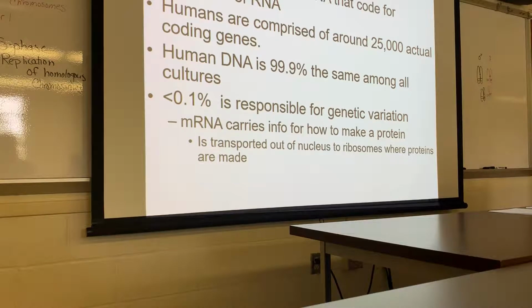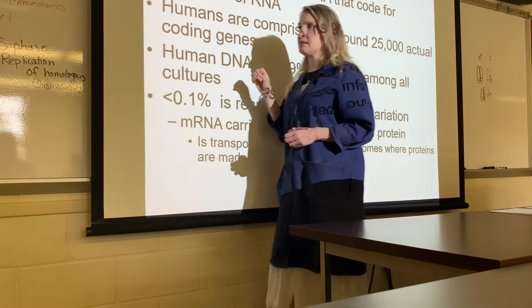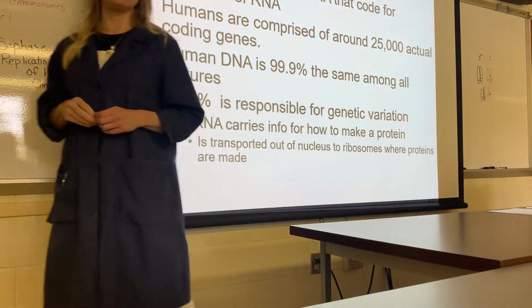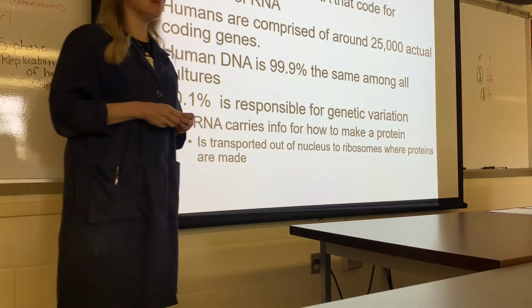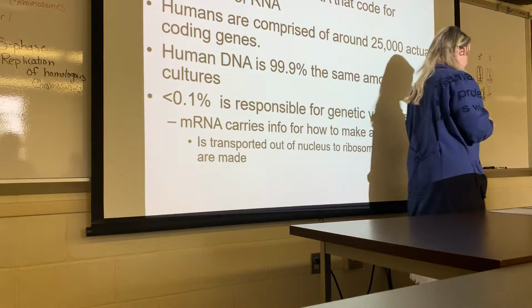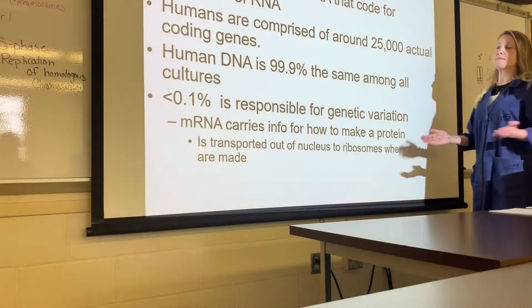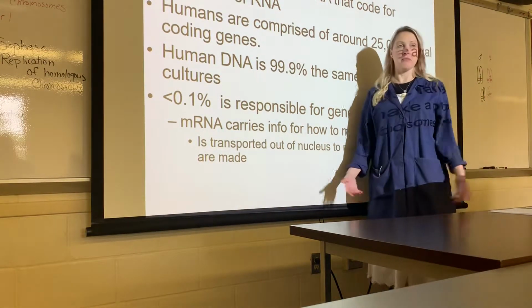But only about 0.1% of DNA is what makes us look different. So some people are more easily able to acquire muscle. Some people have different colored eyes, different kind of hair, different skin colors, all of that. But that's why all humans can reproduce, because we're genetically very, very similar.